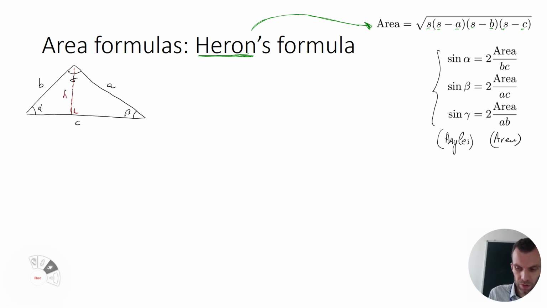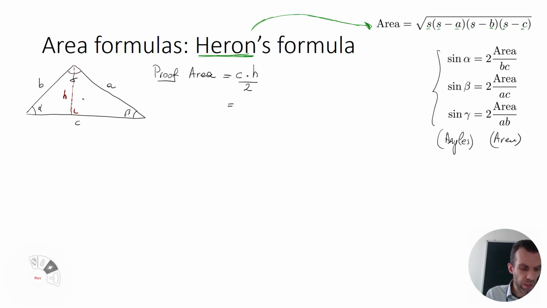And we'll call this length h. So what do we know about the triangle? Well, we can already write down the area. So the area of a triangle is the length of the base times the length of the height, h, divided by 2.